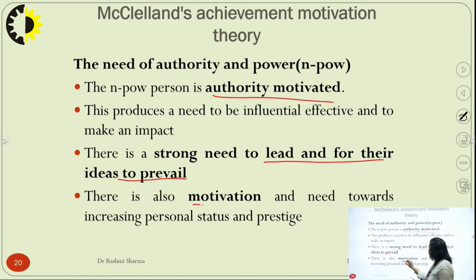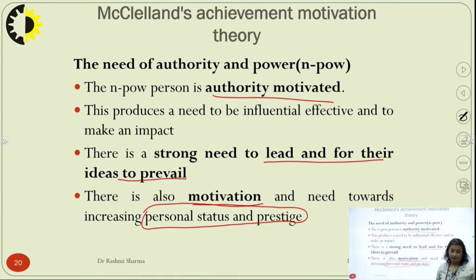Then they are also motivated by a need to increase their personal status and prestige. When somebody denies this, their personal status and prestige are hurt, and they don't want to be hurt by that.